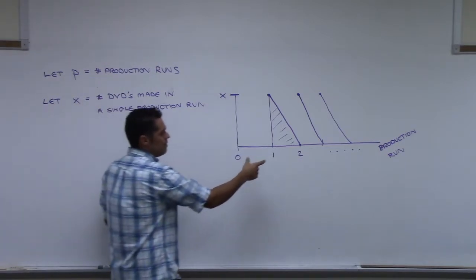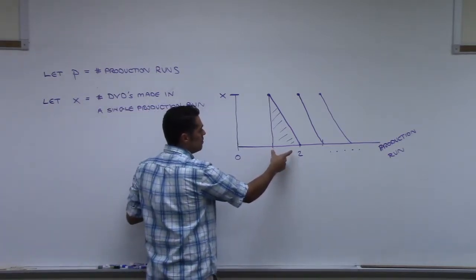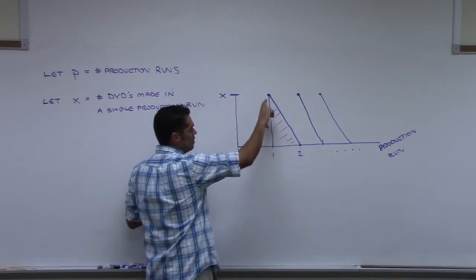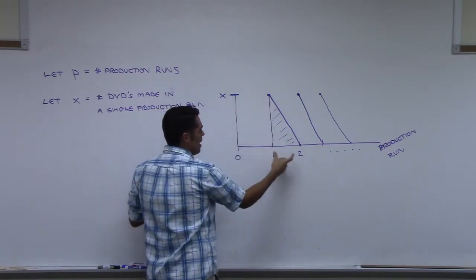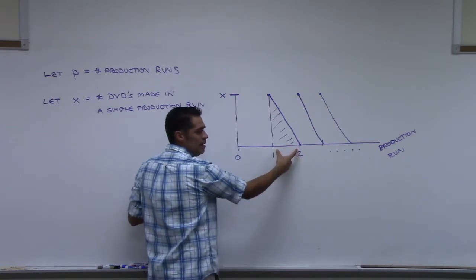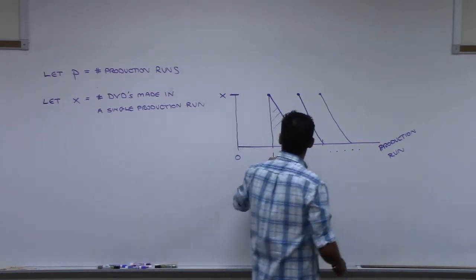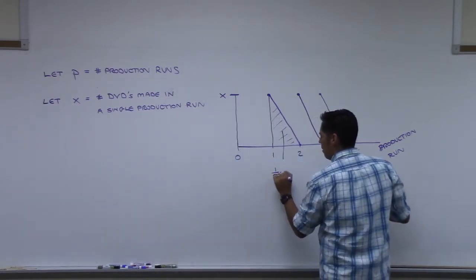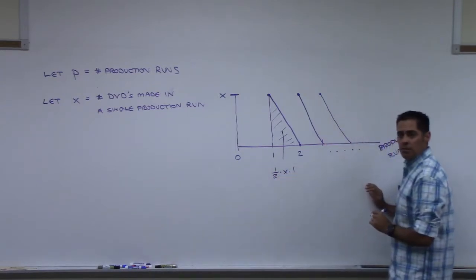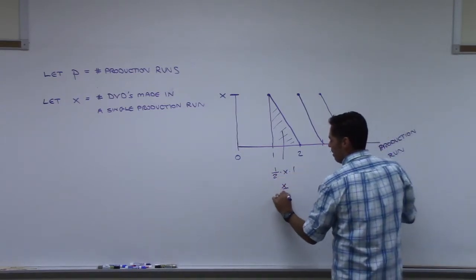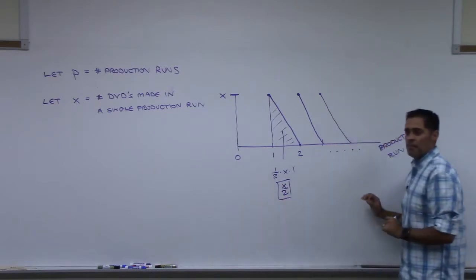So what would the area of this triangle be? How tall is it? X. And how wide is it? 1. So the area is one half of X times 1, which is just X over 2. Yes?